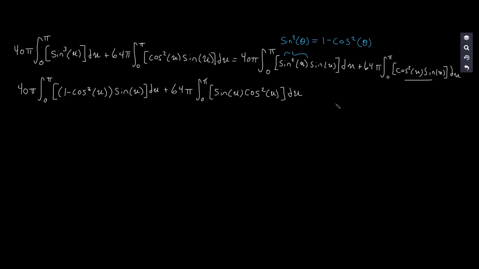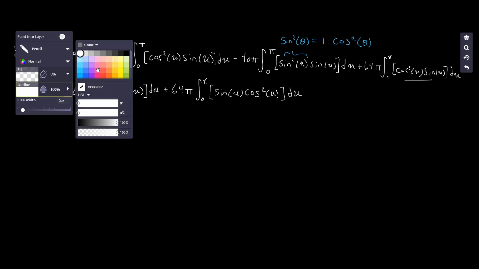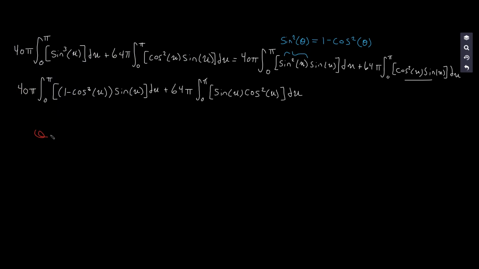Let's just try to see what's going on. This is going to be a u substitution, but we can't use u because we've already used u. So instead of u substitution, we're going to do lambda substitution.